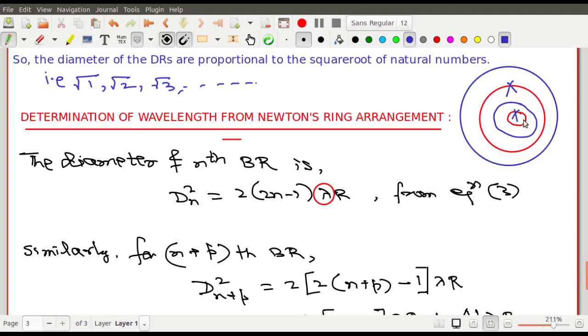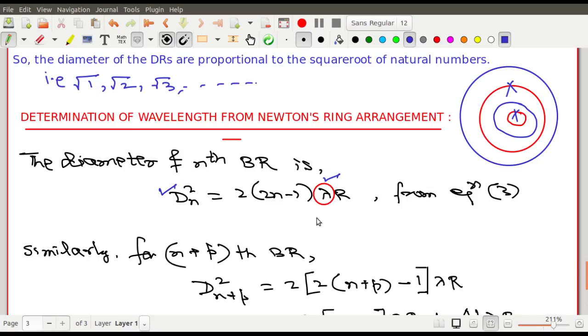I take the diameter of the red rings, that is dn. I can easily calculate the nth ring, I know the value of n, which I can see in my experimental arrangement. I also know the radius of curvature of the plano convex lens, so knowing all these parameters, I can easily find out lambda.